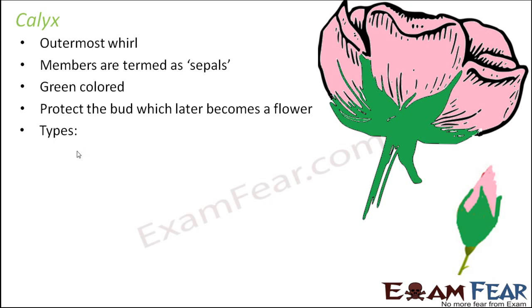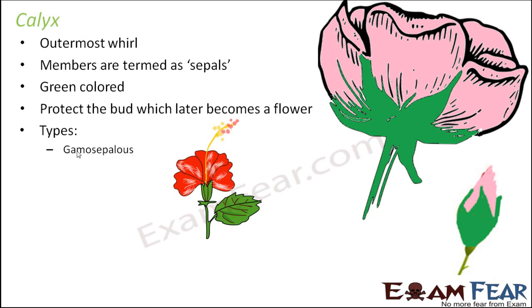Types. Depending upon the way sepals are present in a flower, there are 2 types of flowers: gamosepalous and polysepalous. So these are the two types of flower. A flower can be gamosepalous or a flower can be polysepalous.